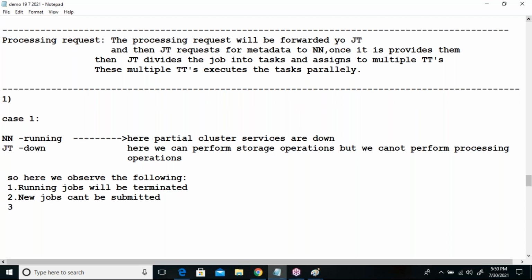Next, queued jobs will be terminated. If any jobs are in the queue, means all the processing related running jobs, queued jobs or new jobs are not going to run. What are queued jobs?